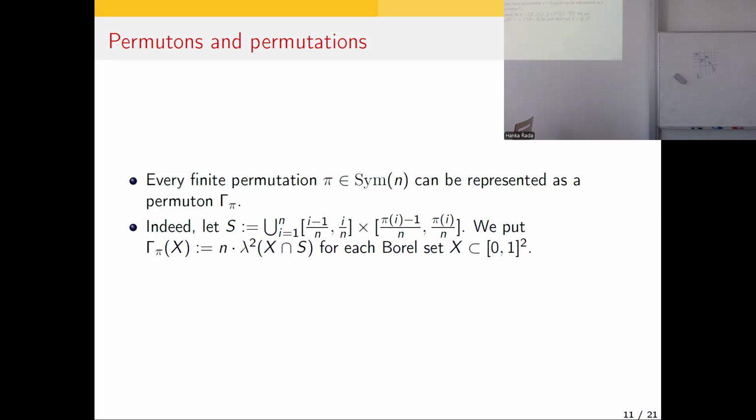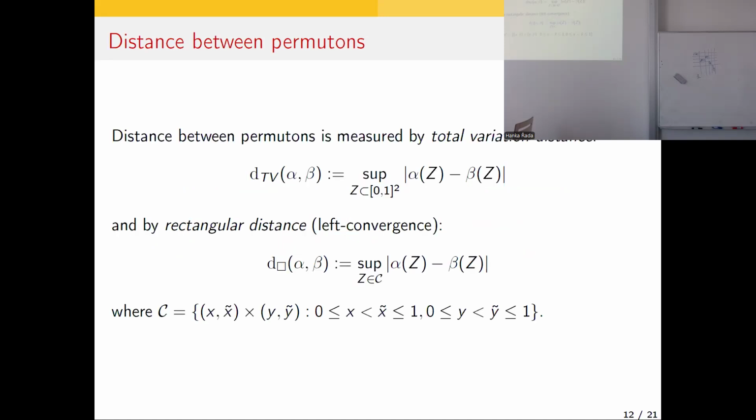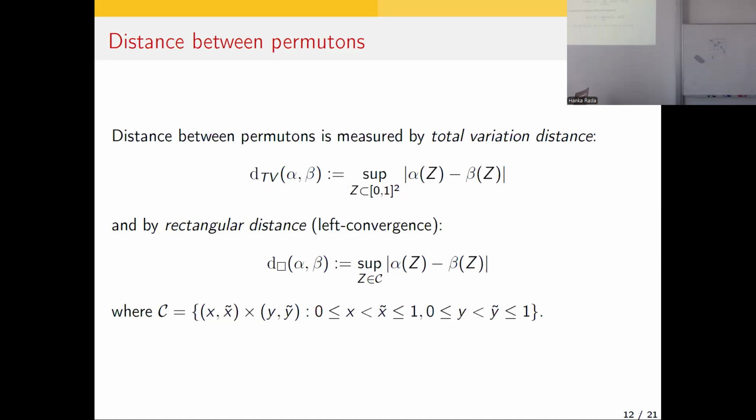So the permuton is this probability measure, and we can measure the distance between two permutons in two ways. The first is the total variation distance, which is the supremum of the differences of the values of the permutons on regions from the square.